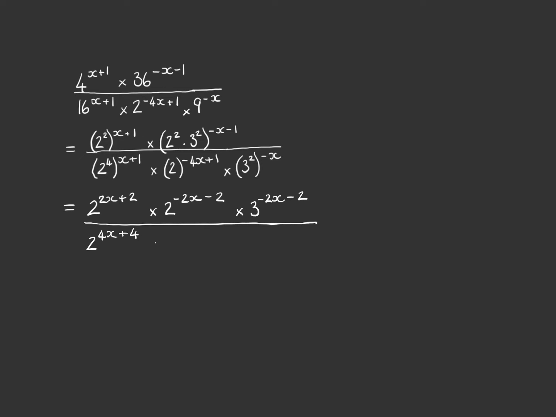And then this one is what it was before we did anything. We still haven't really done anything with it. And then we've got 3 to the power of minus 2x. So I find that one of the more simple ways of doing it from this point on is to gather all of our bases that are the same and work with those exponents.